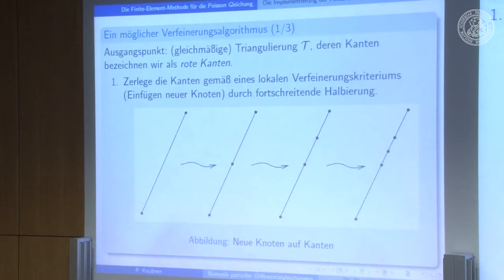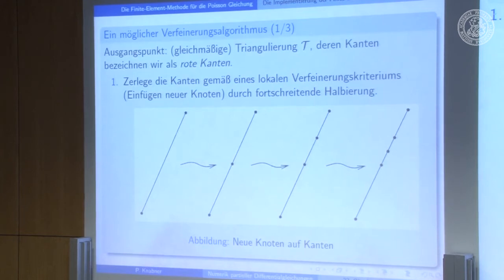Now we have some refinement criteria which tells us how small the local h should be there. According to this refinement criteria, we just subdivide the edges. For example, here our refinement criteria tells us first subdivide in 2, then let the right-hand part be as it is, and take the left-hand part, subdivide it again, and then subdivide here.